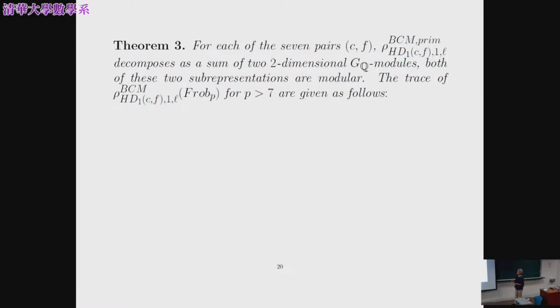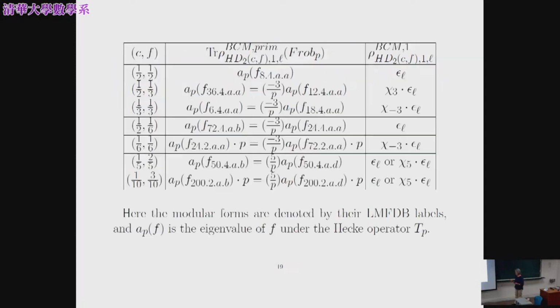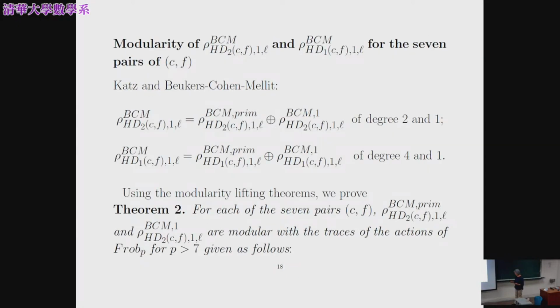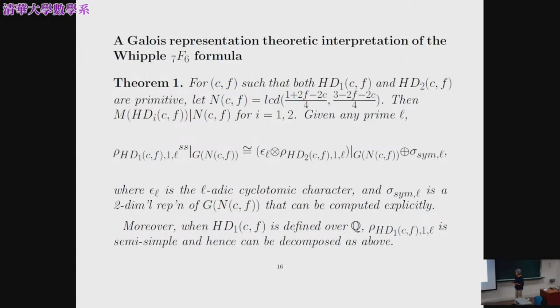So now let's look at the BCM representation associated to the first datum. Because it's degree 5, as we said earlier, it becomes degree 4 plus degree 1, but even earlier we said that this degree 5 representation decomposes as the representation attached to the second datum plus degree 2.